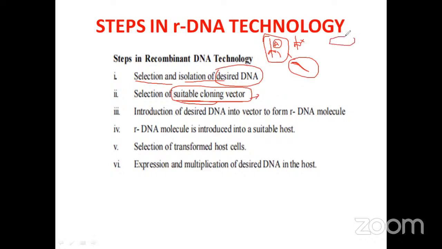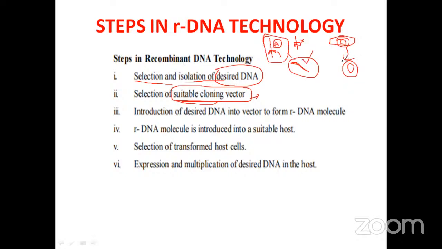The plasmid has the habit of self-replicating, and it easily multiplies in number. That's why I selected the bacterial plasmid as the vector, because it can self-replicate easily.